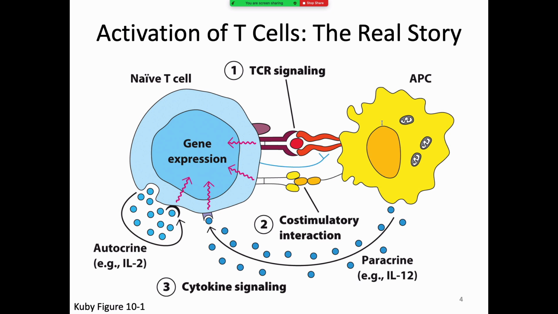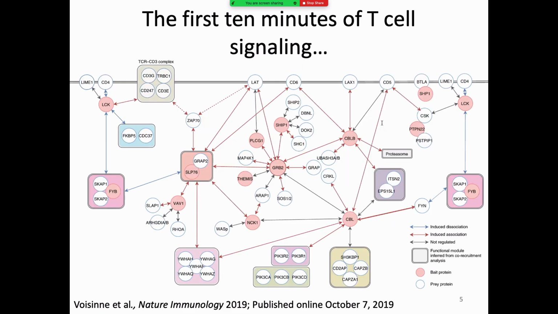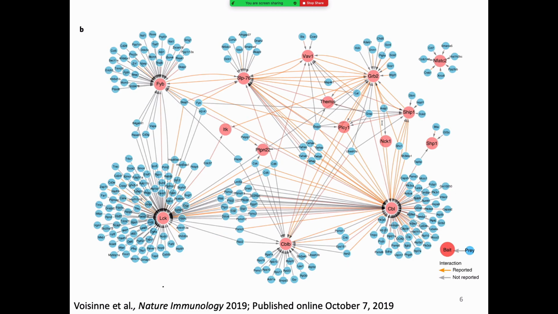As I get into this, I want to show you two images from a paper to give you one other bit of information about this T-cell signal 1 signaling. Officially, this is an approximation of what happens in the first 10 minutes. You can see there's a lot of stuff here, right? And this paper then goes on to say that this is what happens after that. This seems like a whole lot of things, right?